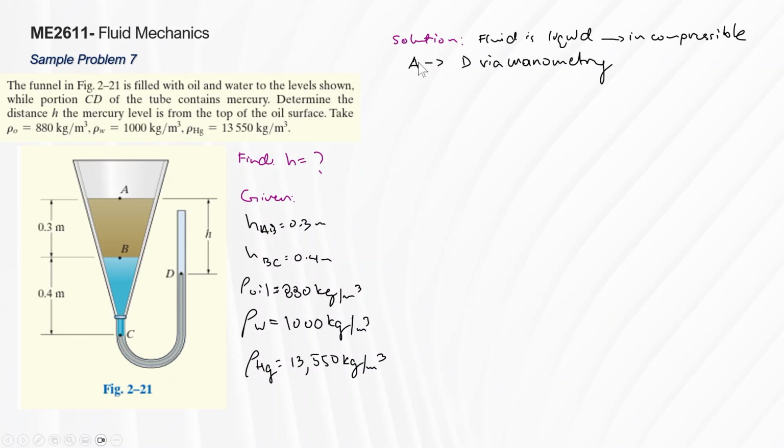We'll pick a reference point first. In this case, we pick A and go through D, A to D via manometry. So how do we do that? We write PA plus PB plus PC minus PD, because it reverses here, right? That will be equal to 0.